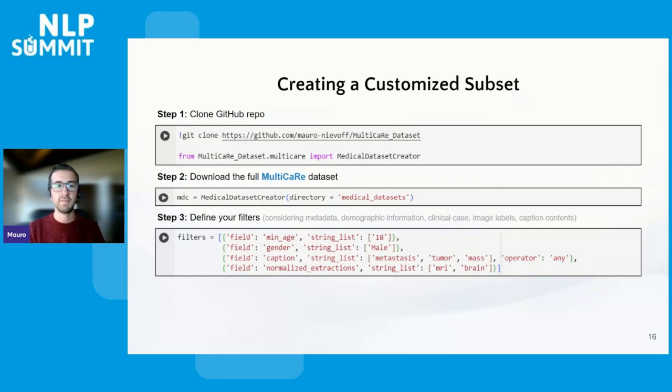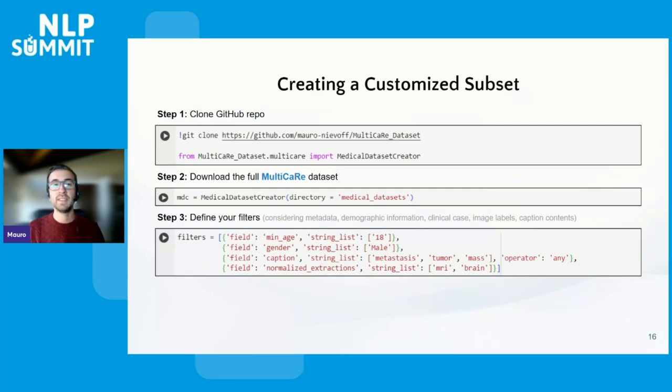Then the third step is to define filters, depending on your use case. There are different types of filters. They are explained in detail in the repo. So you have filters related to metadata, like the minimum year of the article, or maximum year, or the type of license, or the mesh terms also.